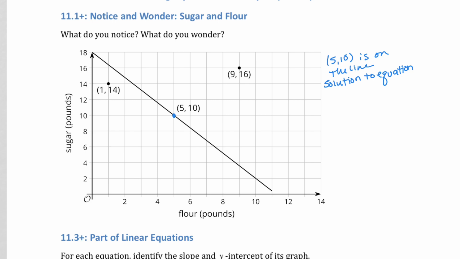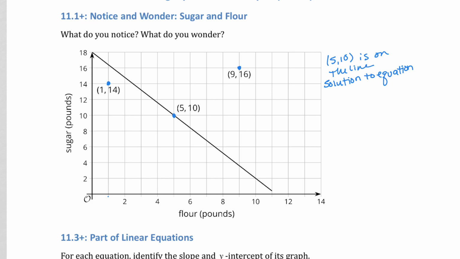Where's the next intersection that is easy for me to see on the line? 9, 16. Is that an intersection in the line? No. It's 1, 14. That's on the line? Oh, so you have to pick what's on the line? Pick a point.